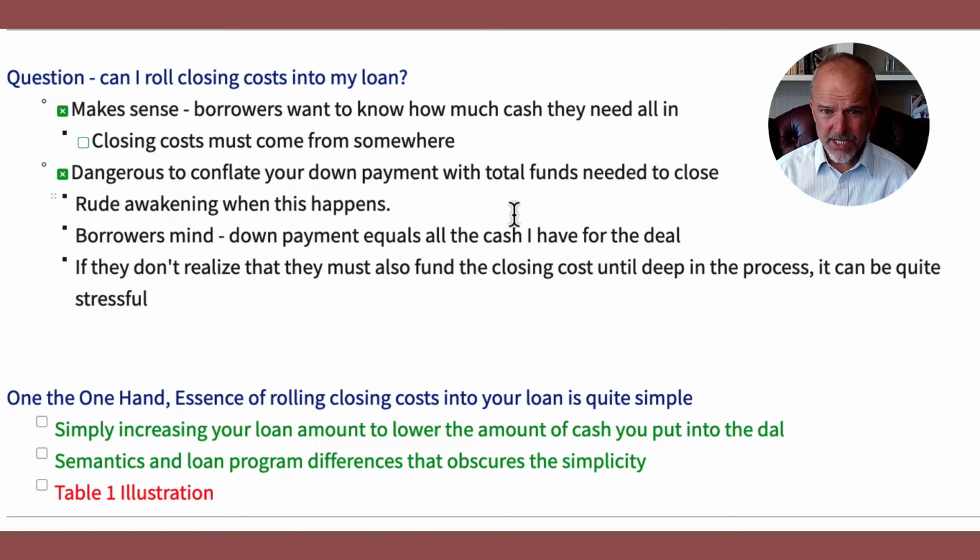On the one hand, the essence of rolling closing costs into your loan is quite simple. It's simply increasing your loan amount to lower the amount of cash you need to put into the deal. And it's the semantics and loan program differences, primarily between conventional loans and government loans, that obscures this simplicity. I want to illustrate that a little bit. I'm going to show you a table here.